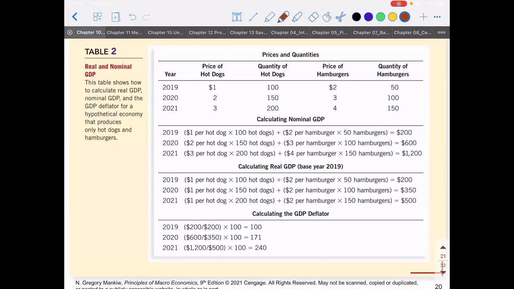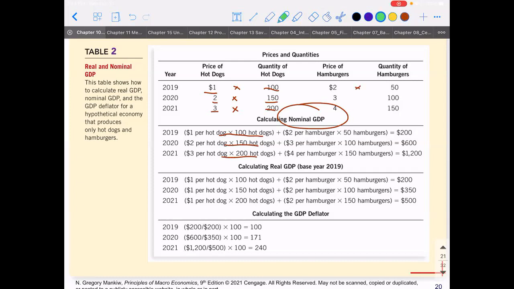And so here we get an example of how to work something like this out, where we would calculate from a nominal perspective. We take the prices times the quantity for each of those years.